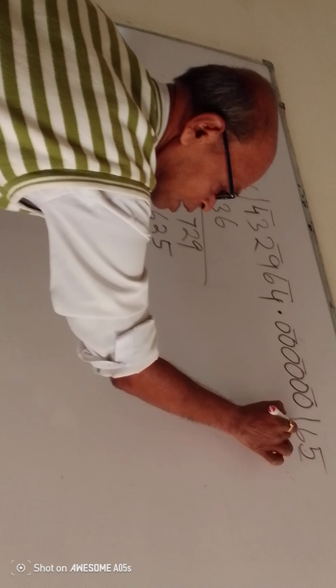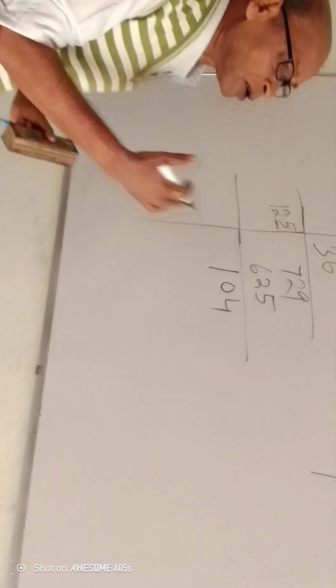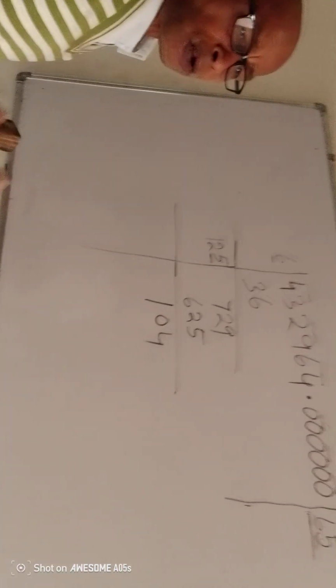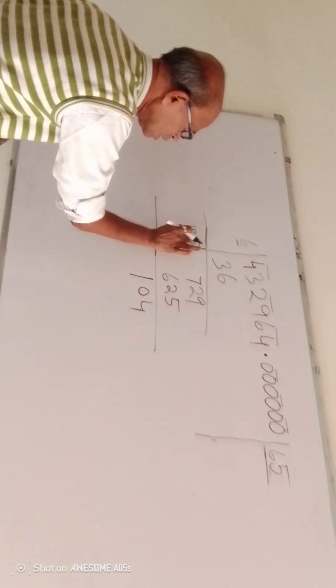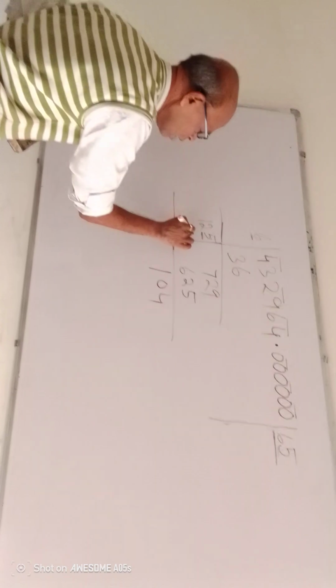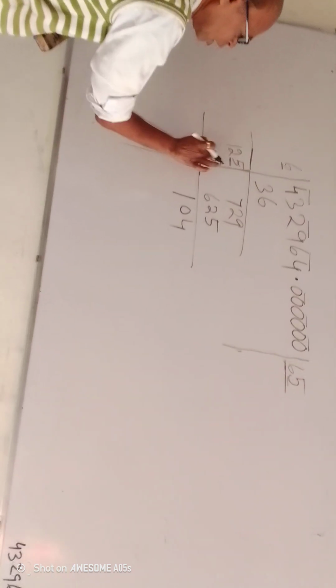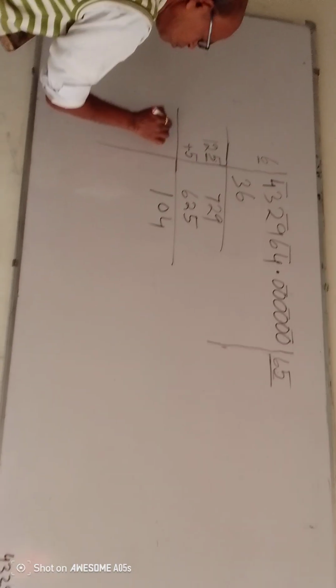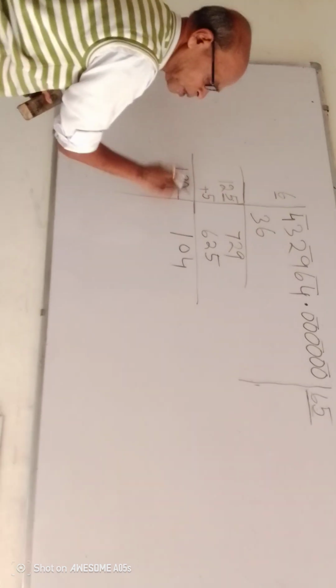You just take the double of this. For example, if I take the double of 65, I will get 130. In another way also you can do this. Here you write what is in the ones place, 5. Here you add 5. If I add 5 to 125, I am getting 130. Every time you have to write by leaving some space here.